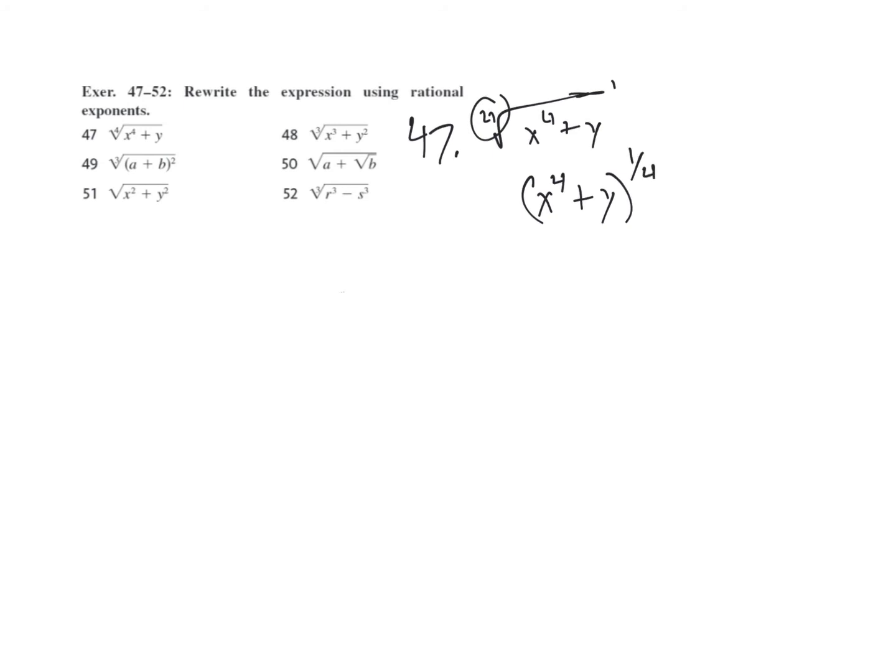Okay, so at this point, you're done because you cannot distribute that exponent into this parentheses because you have a plus or minus sign in there. It's not the same thing. On all the other problems that we've done, there weren't plus and minus signs. And that's the only time you can distribute that exponent. So this is the answer. x to the 4th plus y as a group to the 1/4 power.